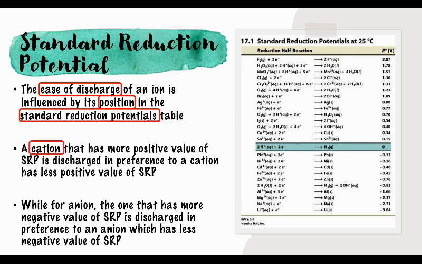For a cation that has more positive value of SRP, it is more likely to be discharged in preference to a cation that has less positive value. While for anion, the one that has more negative value of SRP is more likely to be discharged over the anion which has less negative value of SRP.